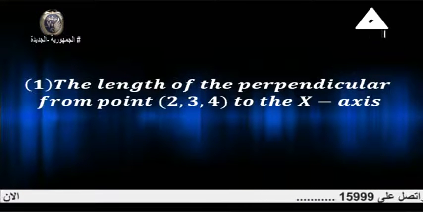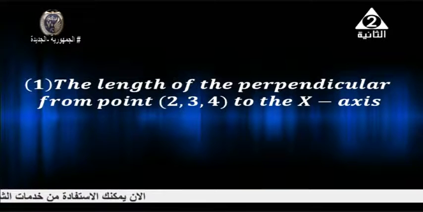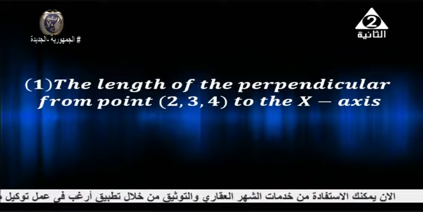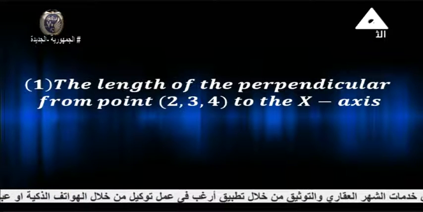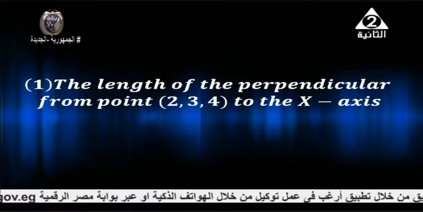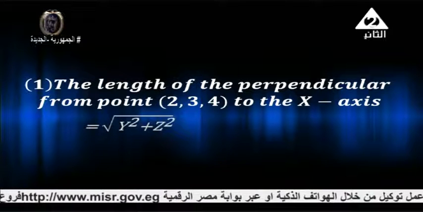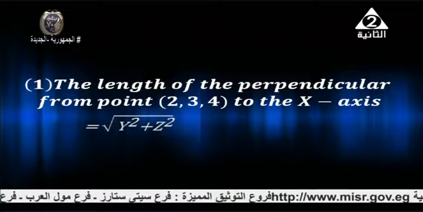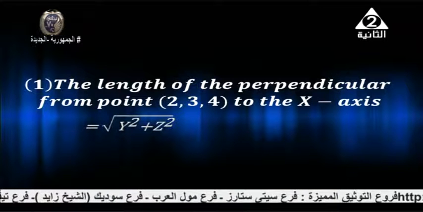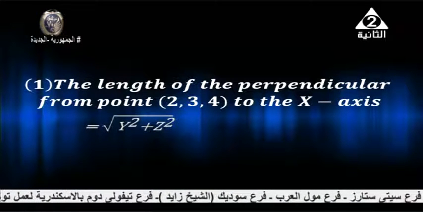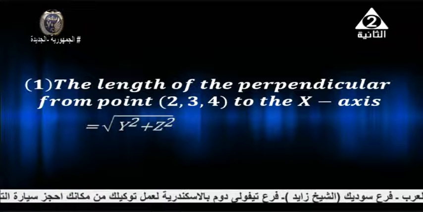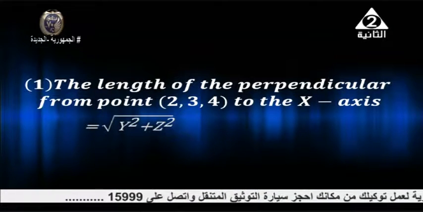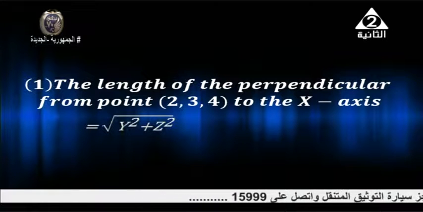What is the rule to find the length of the perpendicular from a point in 3 dimensions (2, 3, 4) to the x-axis? The rule is the square root of y squared plus z squared.